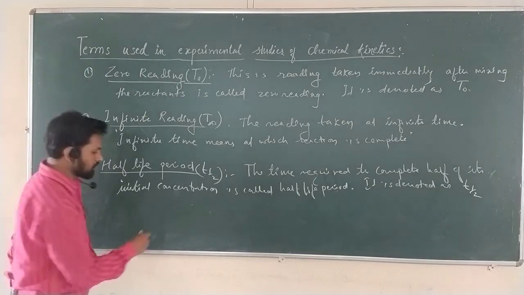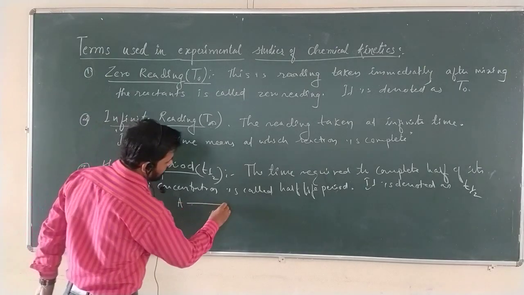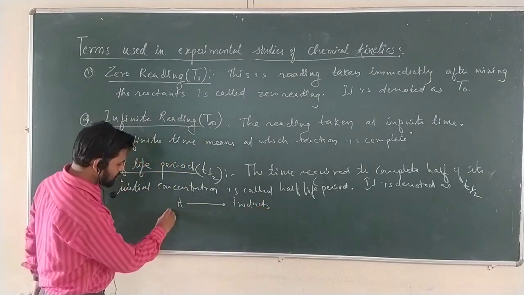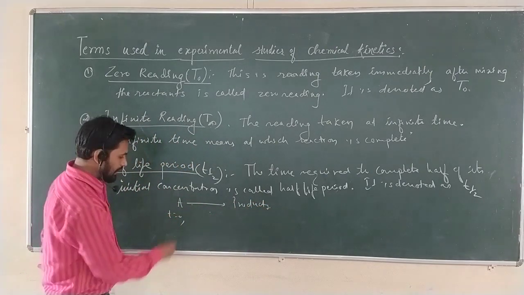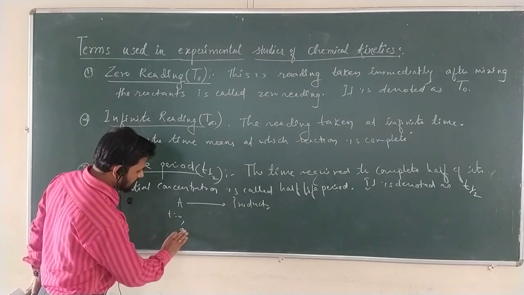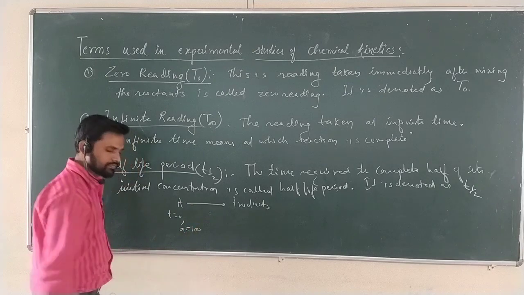As we discussed already, suppose a reaction is A to product. Initially, at t equal to 0, let us consider the initial concentration of A equal to 100 moles.